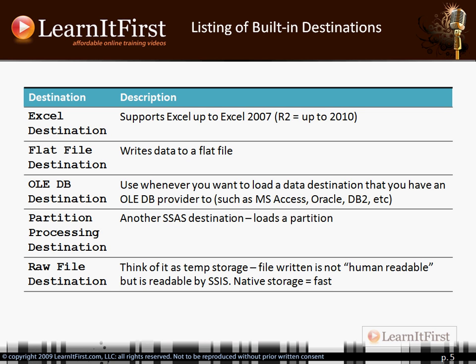And so one of the most common things to do is to think of this as the tempdb, if you will, of SSIS when you are chaining packages together. So if I want to pass data from one package to another in the fastest way possible, I could have one package configured to create a raw file destination, and the next package would then consume it by making it a raw file source.